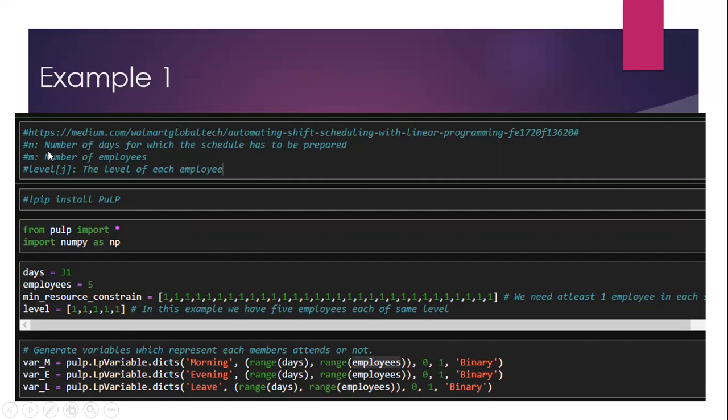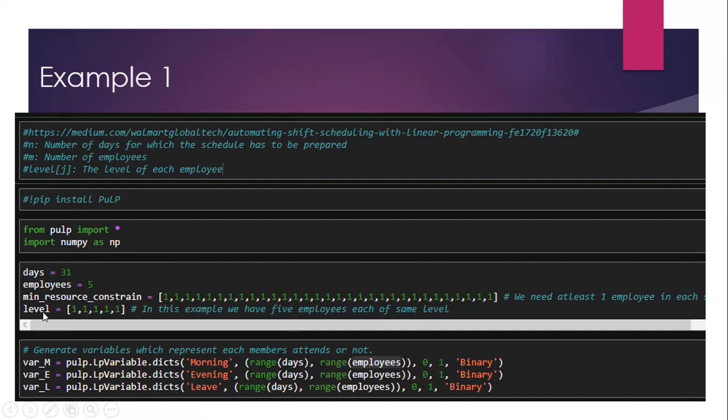So if n is the number of days for which the schedule has to be prepared, and m is the number of employees, and level j is the level of each employee, then we make use of the pulp package and numpy package. So days are, let us say, a month with 31 days, and employees are total 5. The minimum resource constraint is that for each of the 31 days, we need one employee in each shift.